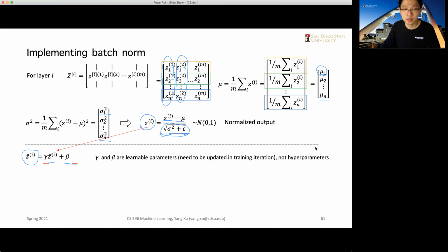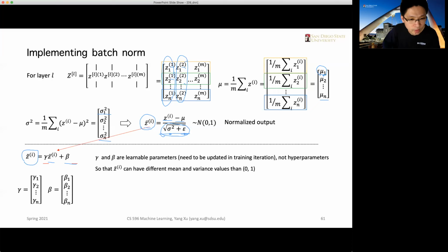They are additional parameters, which means they should also be updated in the training iteration. They are not hyperparameters and are not predetermined. They are part of the model, just like the W's and b's. And beta and gamma are also vectors, corresponding to each feature.